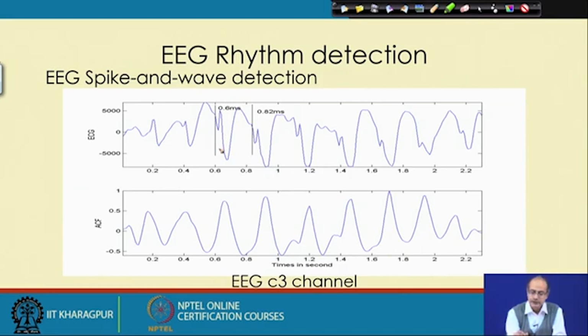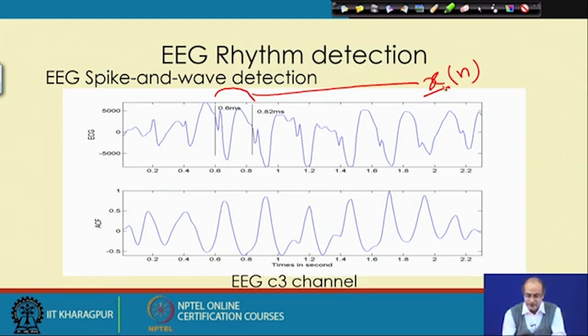Using that as a template, this part is taken as our x[n], and the overall signal C3 gives us the y[n] vector.